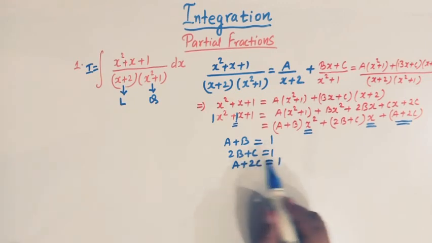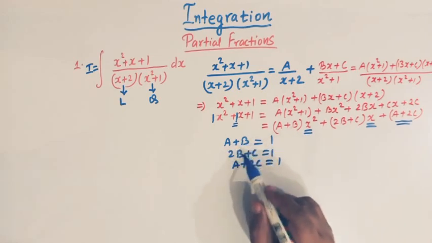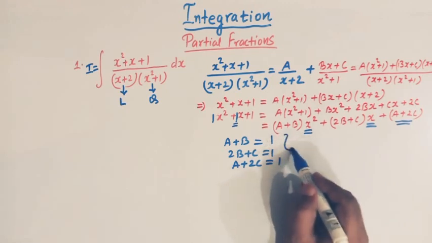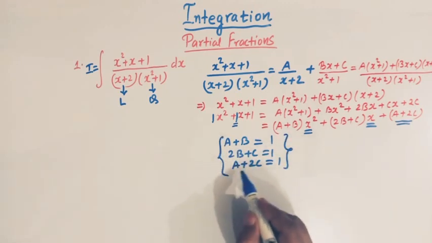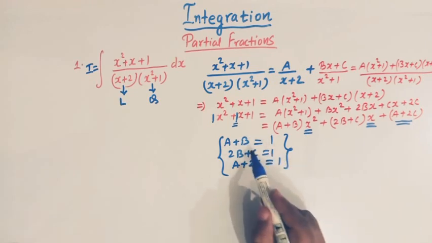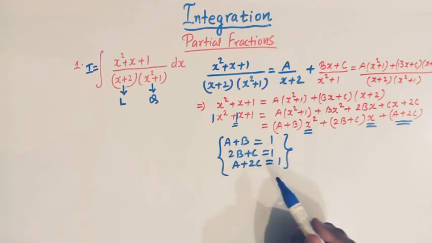Okay, now here we have three variables a, b and c, and we have to find the values of a, b, c, which we can do by solving these three equations, right?